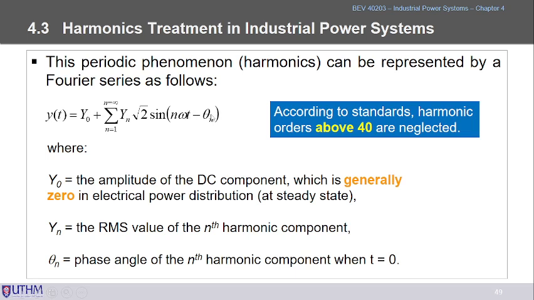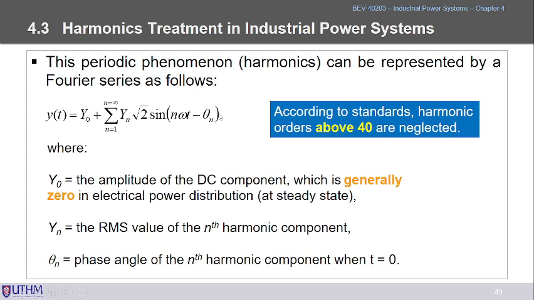Theta is the phase angle of the harmonic component. As in the example in the power factor correction that you can refer back to, each harmonic content, for example the third order harmonic, has a magnitude as well as an angle.